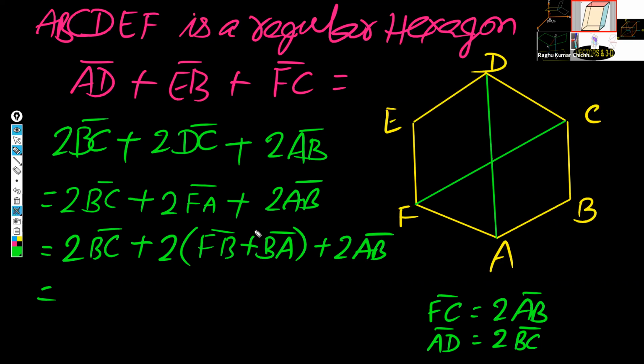Now this twice of BA, twice of AB gets cancelled. What is remaining? Twice BC plus twice FB remaining. It is done.